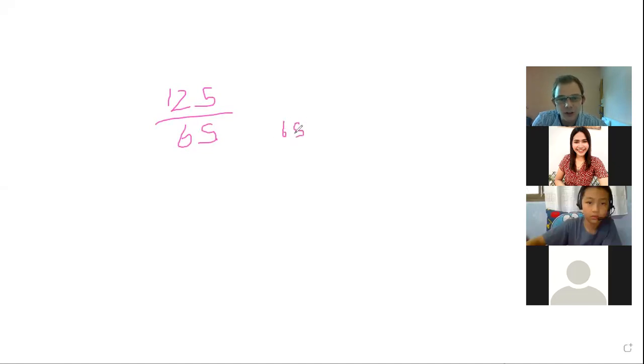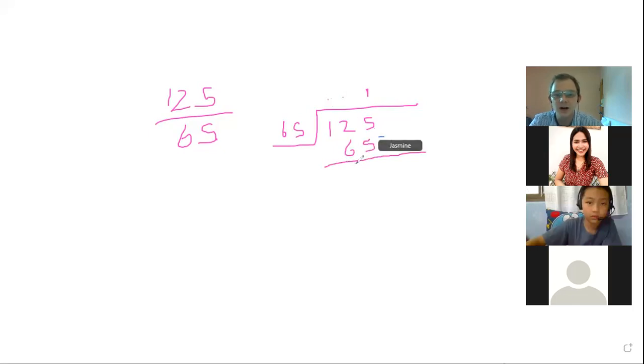So 65 we're going to divide by, and 125 is our top number we have to divide into. 125 only has 65 once. What is 125 minus 65? 60. Can we divide 65 into 60? No, we cannot.